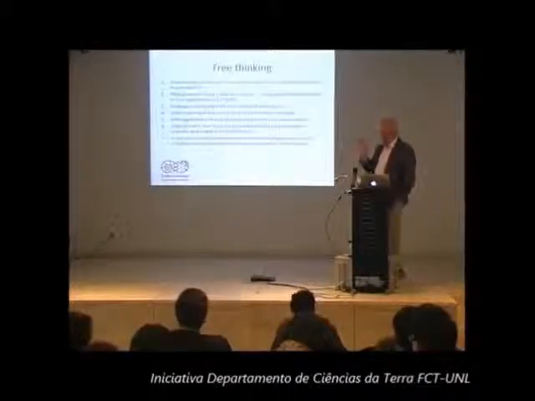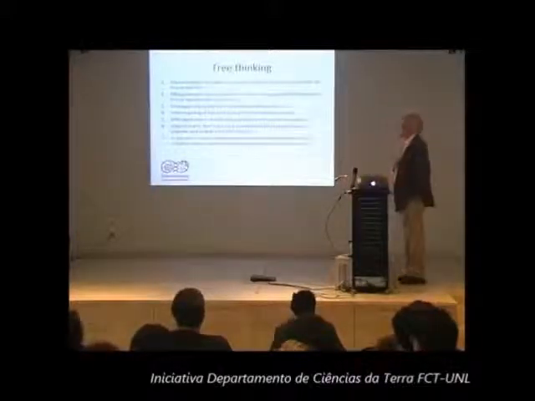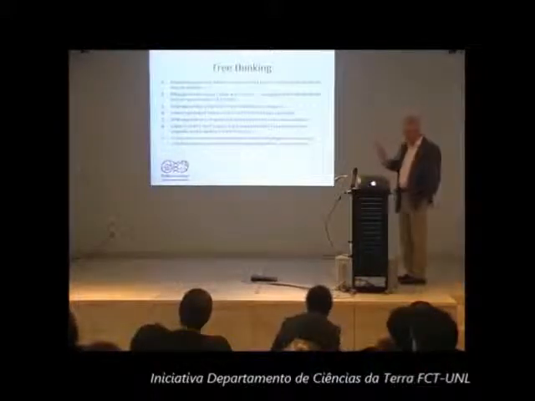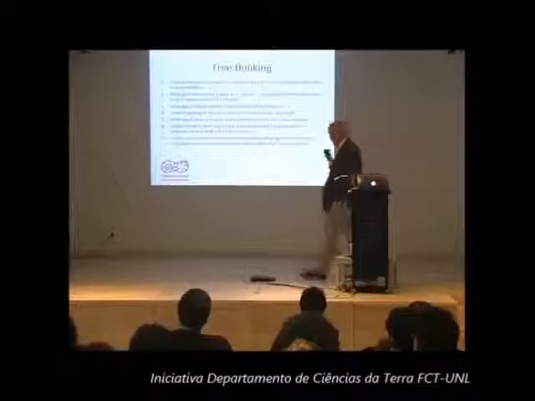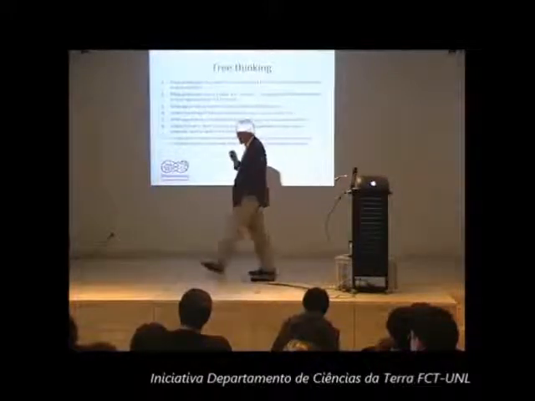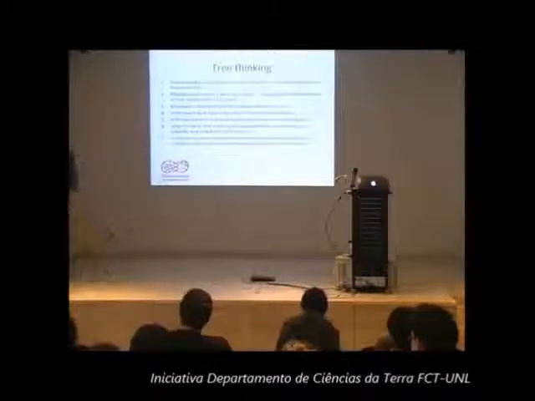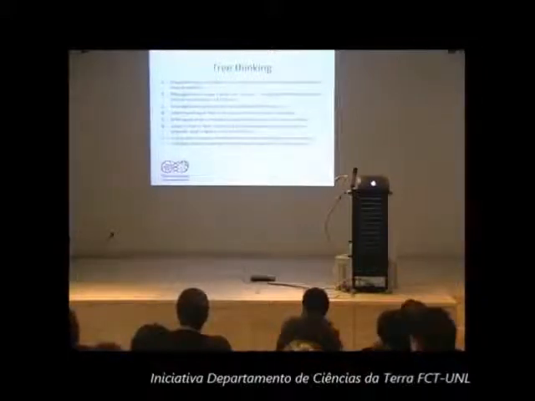So my final slide, and I do apologize for speaking too long. My final slide, I think, is to try and summarize under the heading of tree thinking what has changed since the paleobiological revolution in Chicago. The one thing that Gould and Raup and Sepkoski and others did not do was to think about phylogeny or trees.